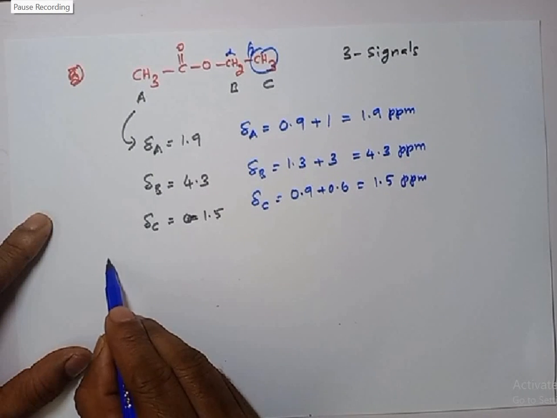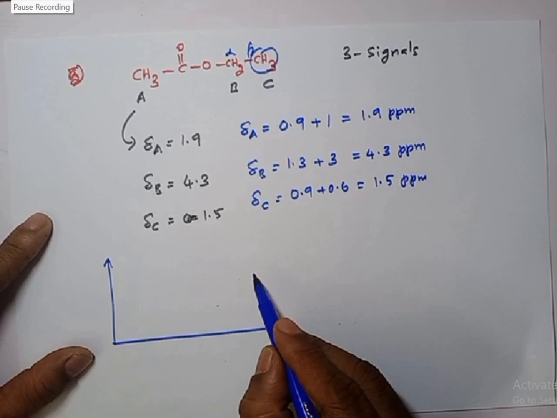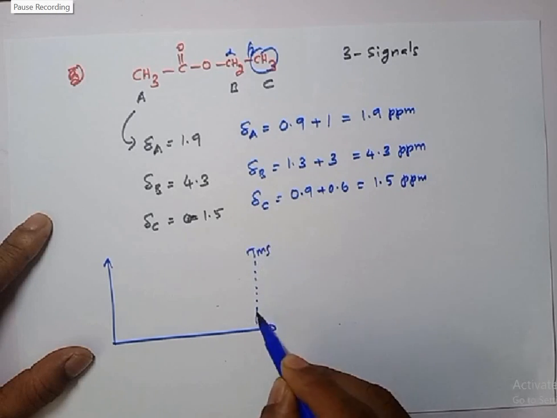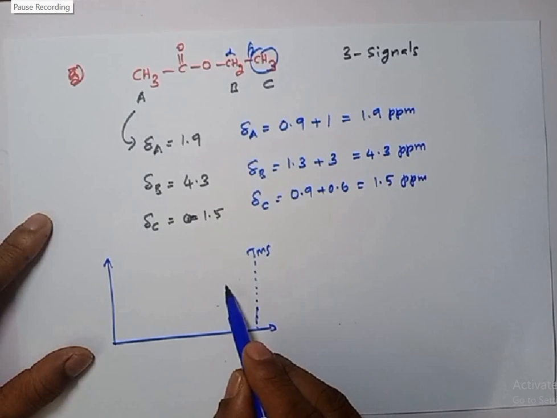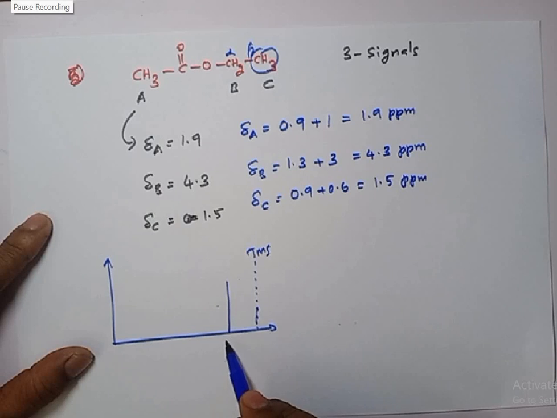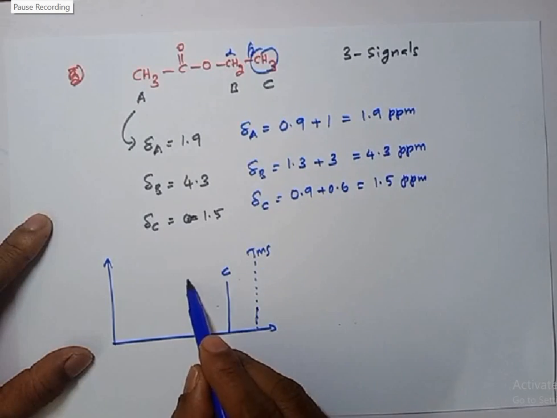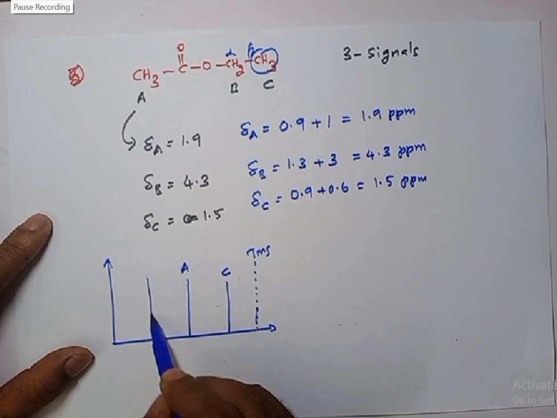Therefore, in the low resolution NMR, say this is TMS, first we get the 1.5 signal for the C protons, then 1.9 for the A proton, then 4.3 for the B proton.